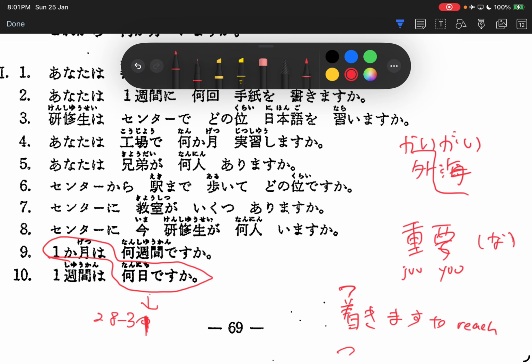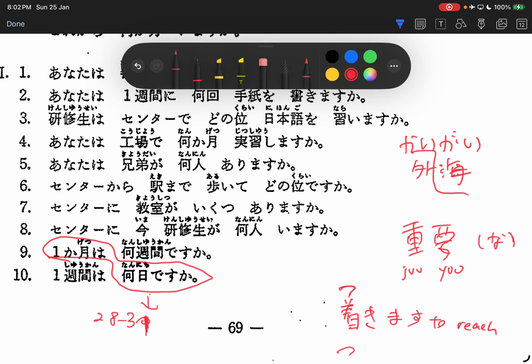1ヶ月は28日から31日まであります。Right, there are from 28 days to 31 days in a month. 1ヶ月に28日から31日まで、31日ぐらいあります。February 28. 1ヶ月 is 1 month.